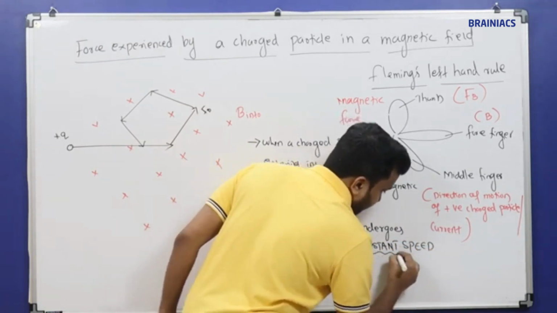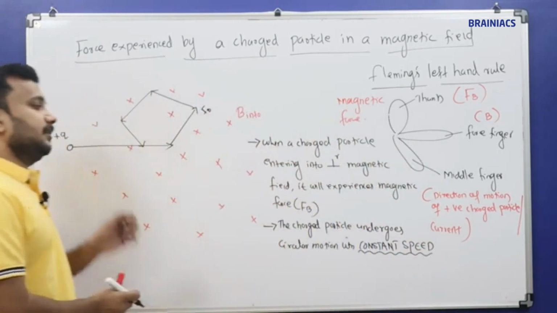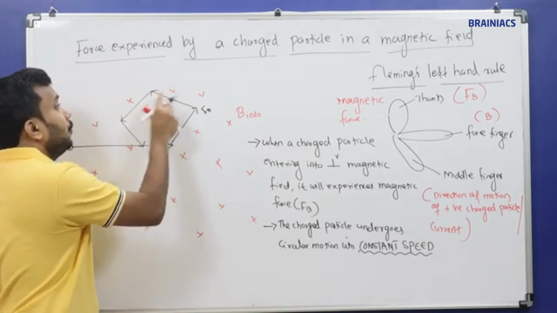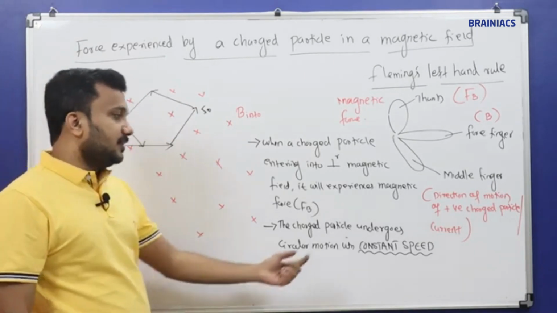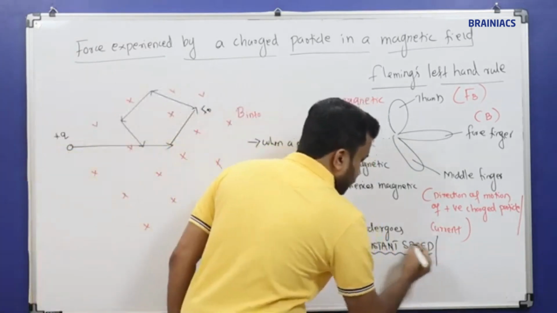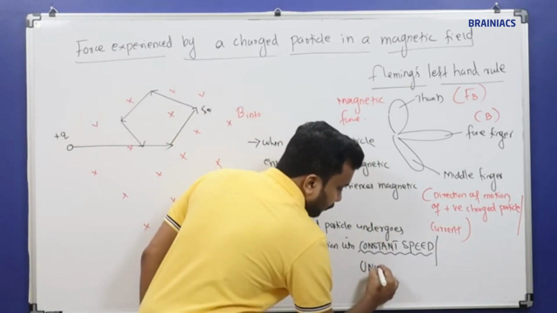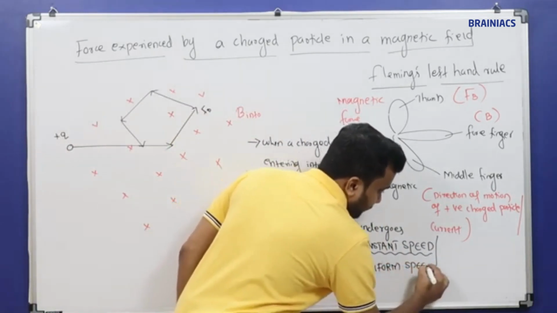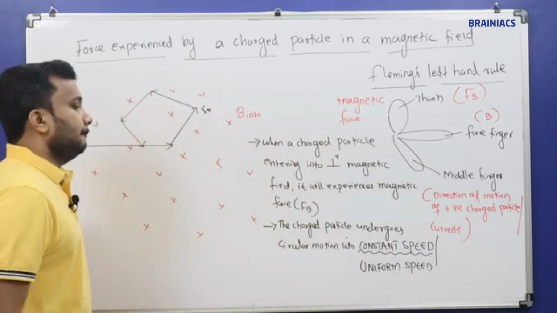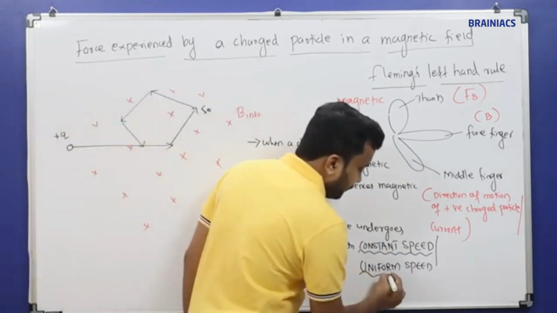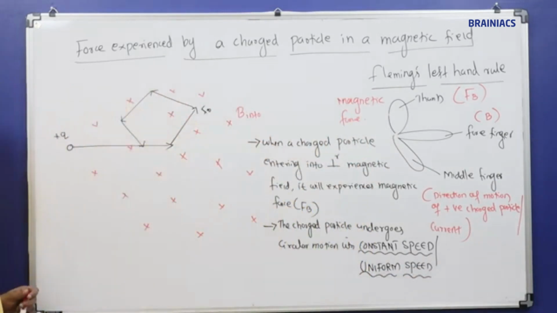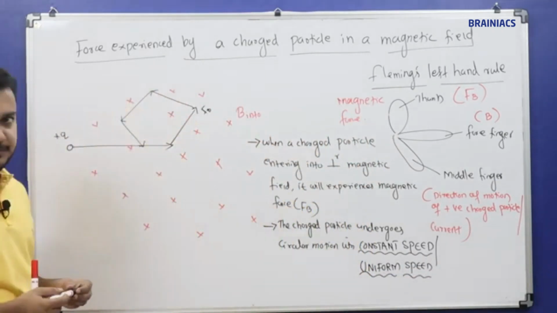With constant speed, which means its speed is not changing. This is moving with a uniform speed, constant speed, or in physics this is also called uniform speed. So both are the same. The speed is not changing.